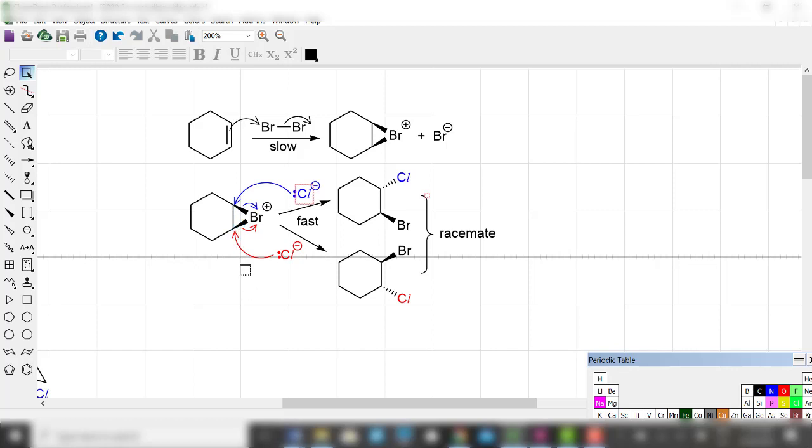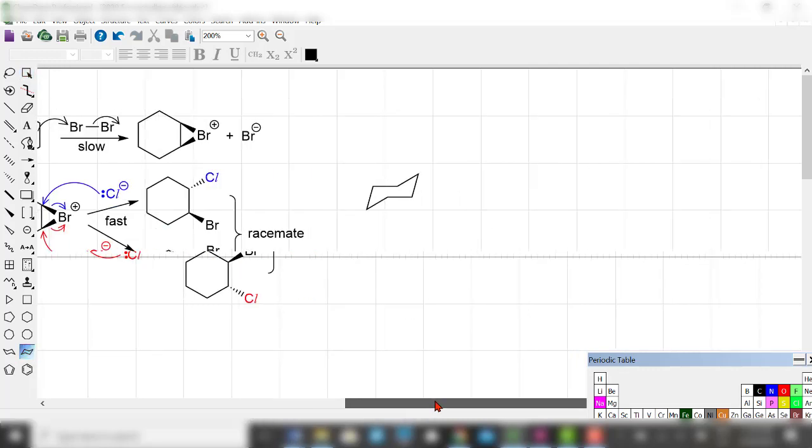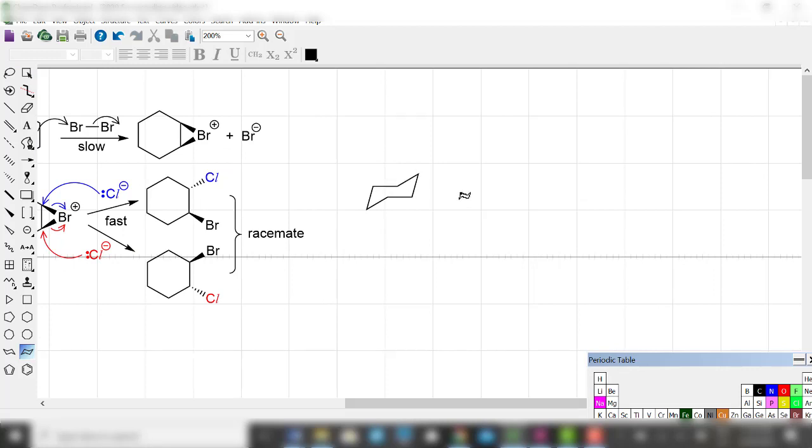An inherent assumption is being made here, that cyclohexene exists as a flat molecule. We know that this is not the reality, because if I draw a cyclohexane over here, it is not a flat molecule. It exists as a chair conformation.